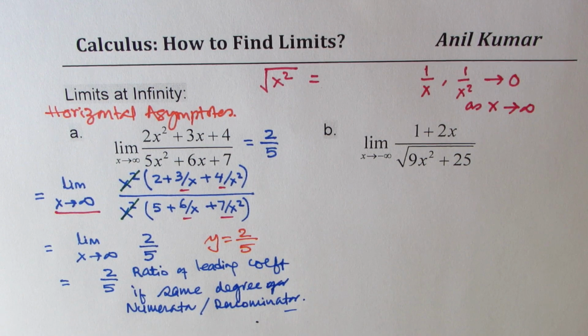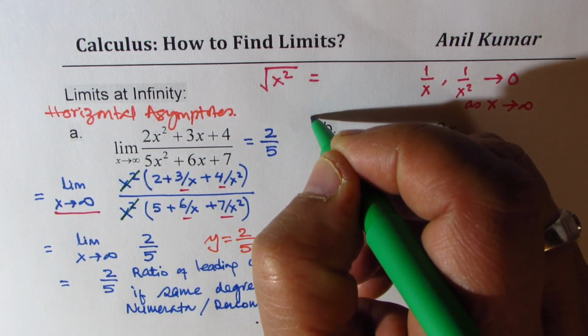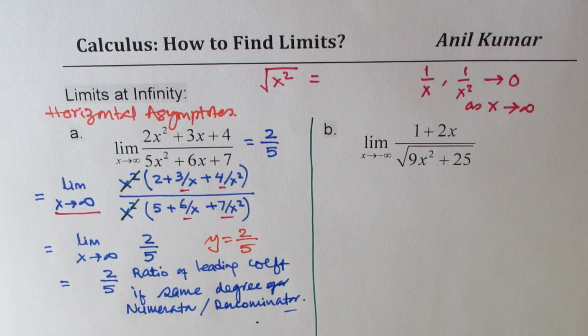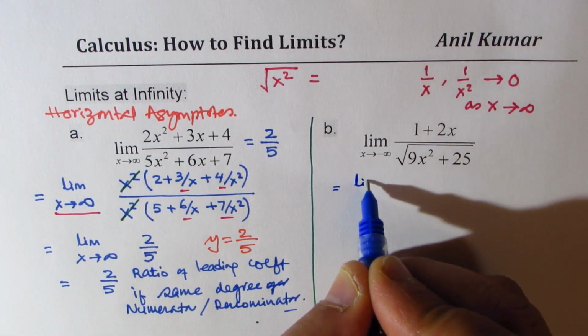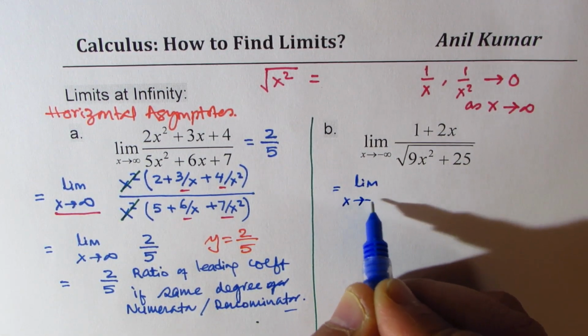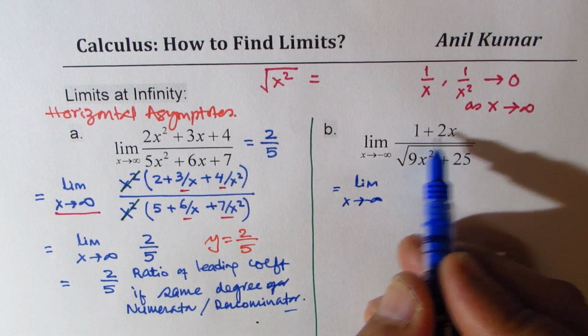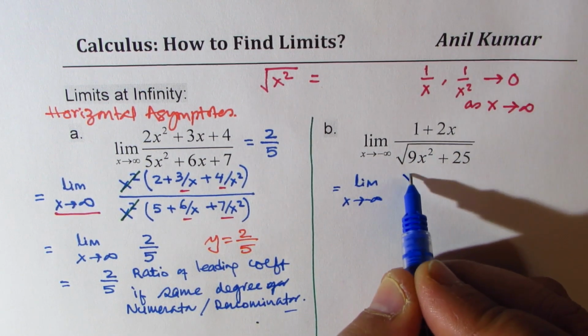Now let's take the next example, which involves a square root in the denominator this time. Now we'll follow the same technique, and see how it is different. We could rewrite this as limit x approaches minus infinity, so we'll factor out x in this case.